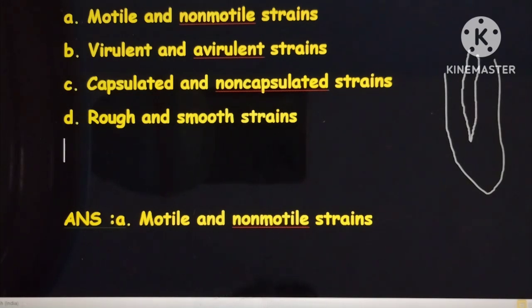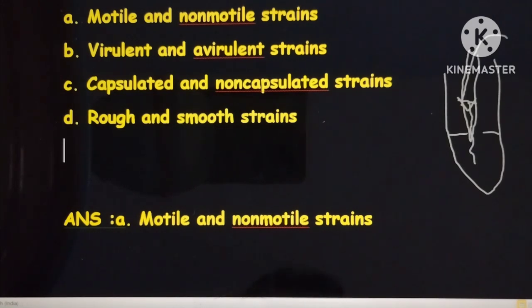This is filled with agar, and the inner tube is also filled with agar. They will inoculate the test strain into this agar. As it is soft agar, and the organism is motile, it will start growing in the inner tube and will come to the outer tube.